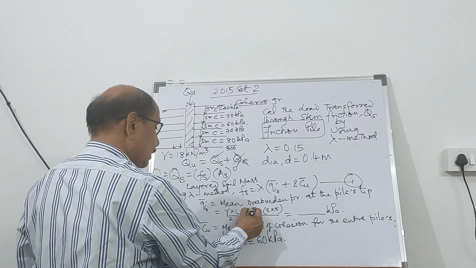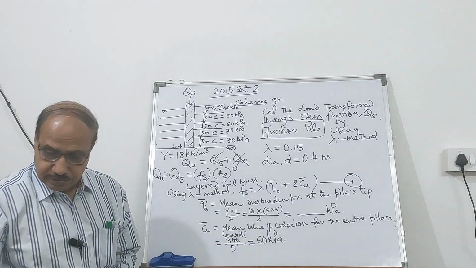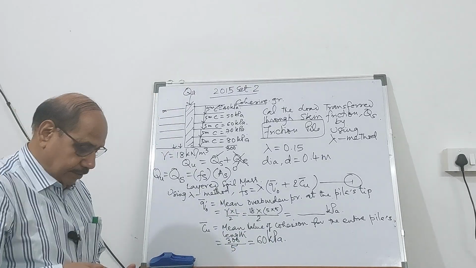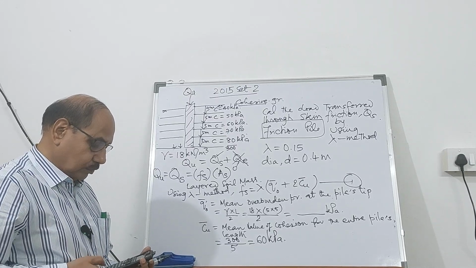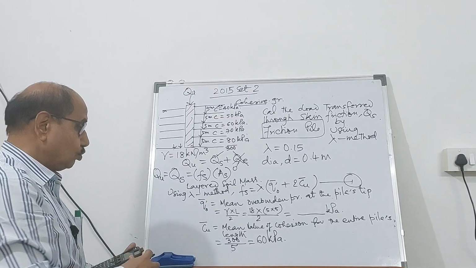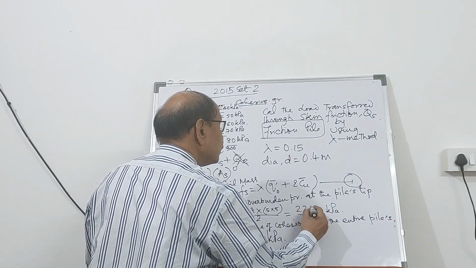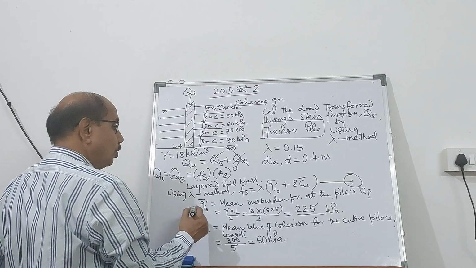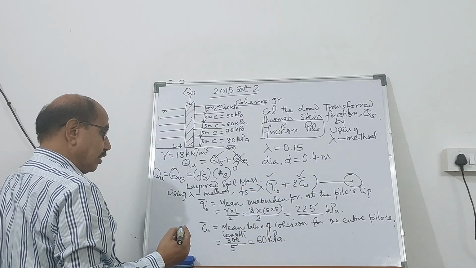And here it will be 9 into 25. So 9 into 25, if you calculate it, is 225 kilopascal. So we know this mean value, we know this mean value.